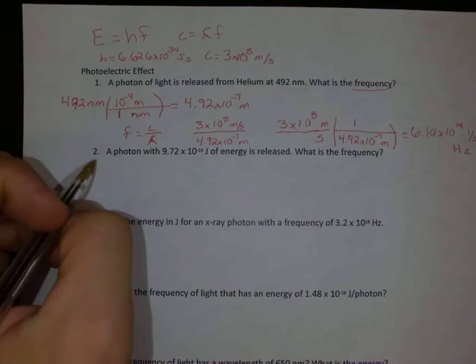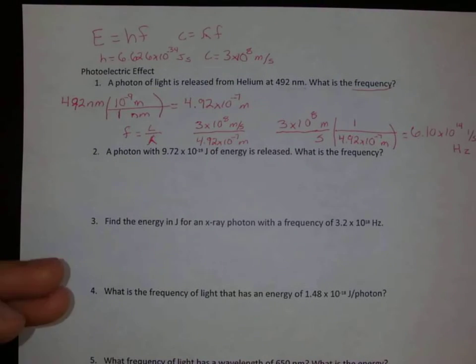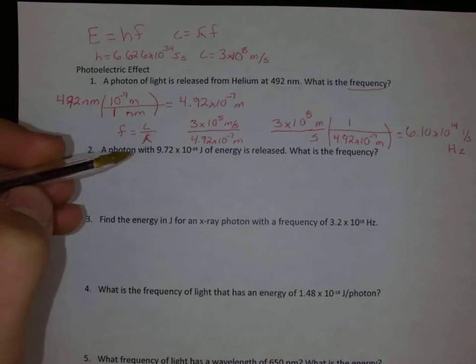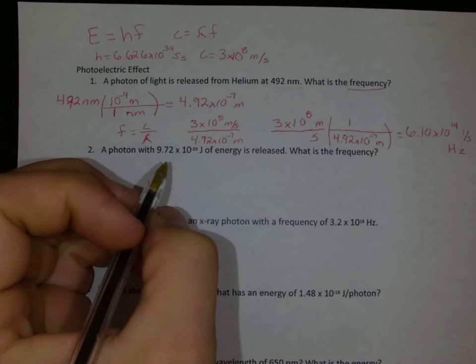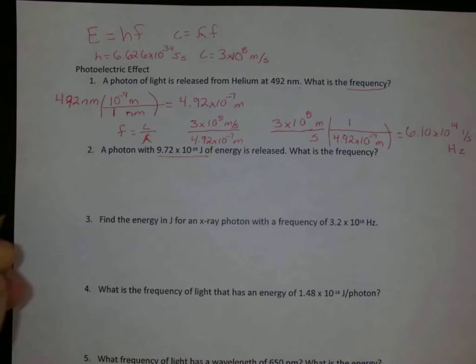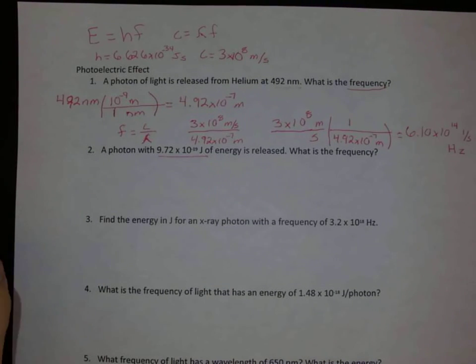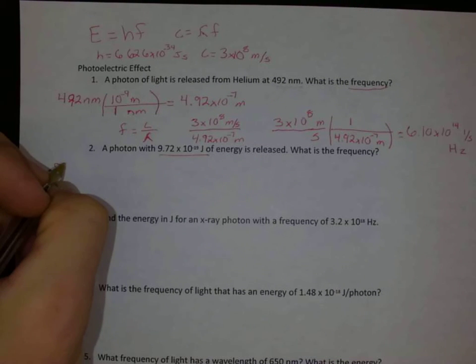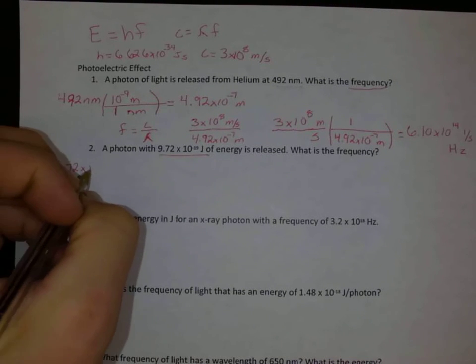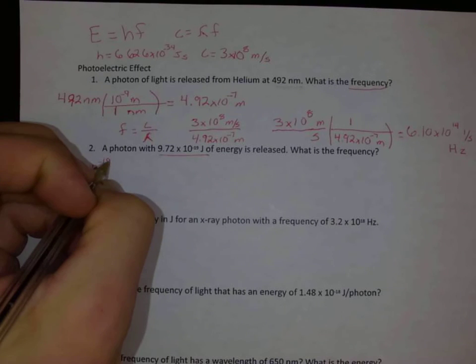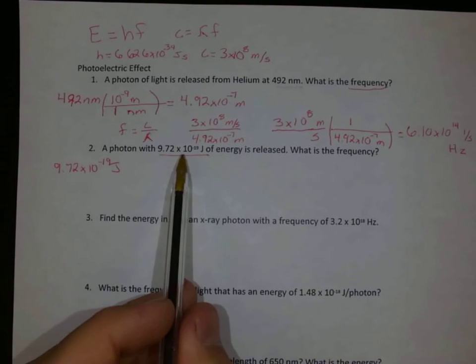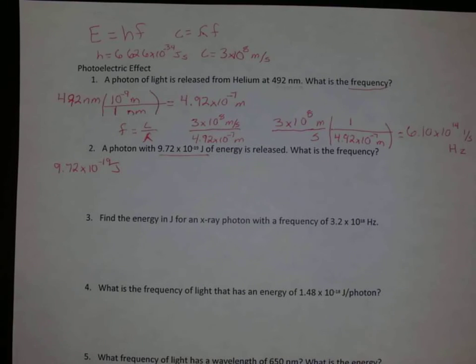All right, let's look now at this next question. This is another example for us here. A photon with 9.72 times 10 to the minus 19th joules of energy is released. What is the frequency? I'm going to start for sure with 9.72 times 10 to the minus 19th joules. Whenever I read a question, I pull out any numbers that I see in the question.